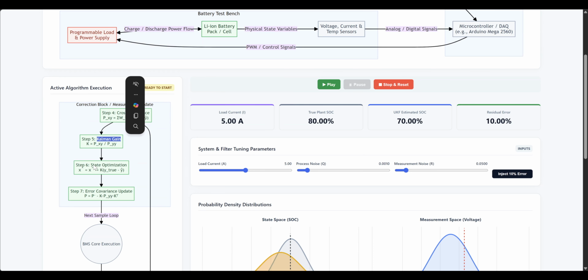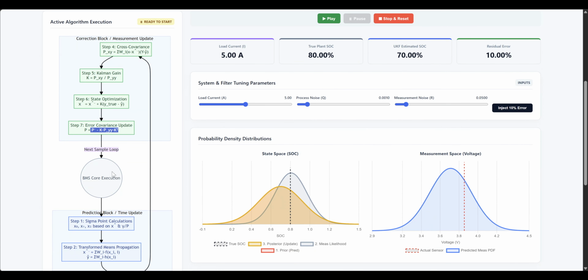After that, we will make an optimization for the state which we predicted, based on the measurement, using the Kalman gain. Then we will also update the variance or covariance, and based on this we will have the new state and the new covariance. Then we will enter into the next execution cycle. So that is how this entire flow works.